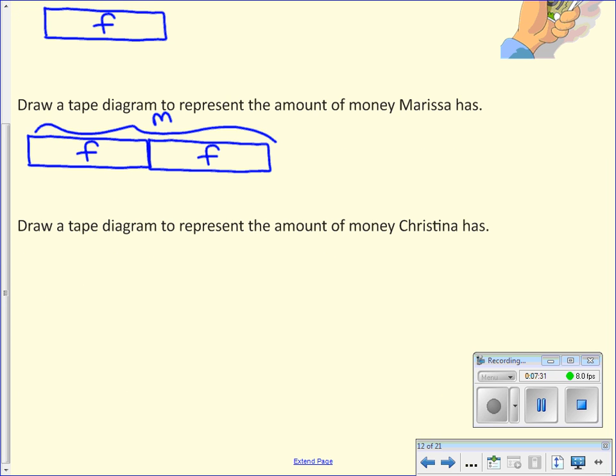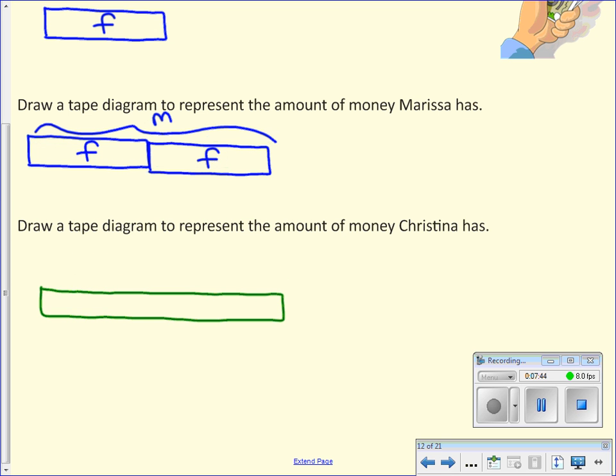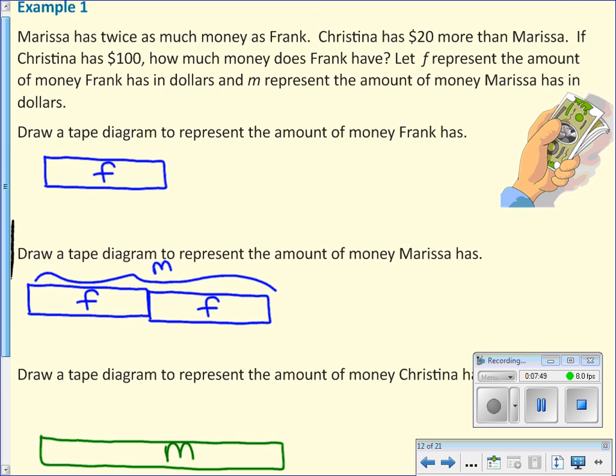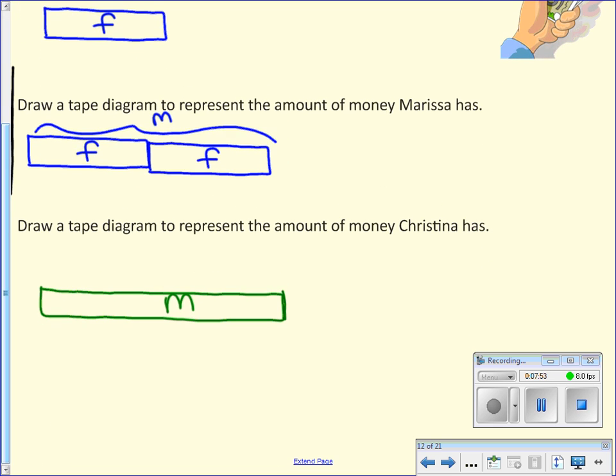Now Christina has the same as Marissa, right? Christina has the same amount as Marissa, but what? Marissa plus another 20 for a grand total.